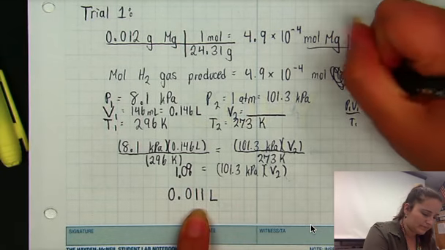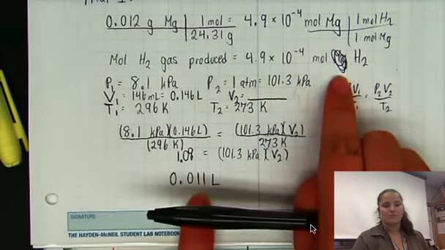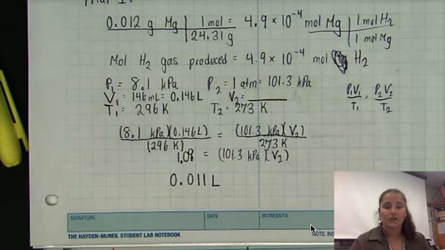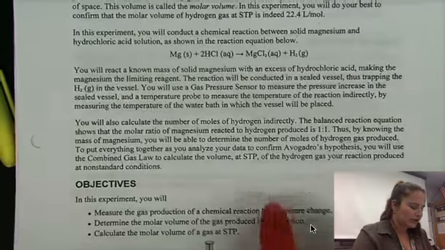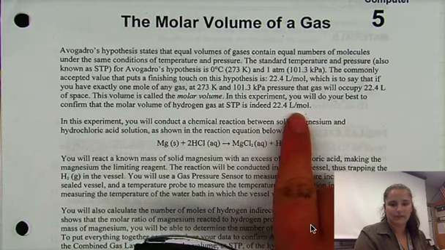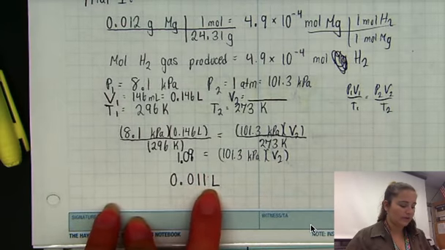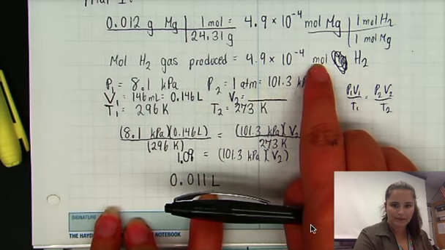Oops, that should be hydrogen gas. For that many moles of hydrogen gas. I want to know the volume of 1 mole. I'm trying to compare it to 22.4 liters per mole. So I have 0.011 liters per that many moles.